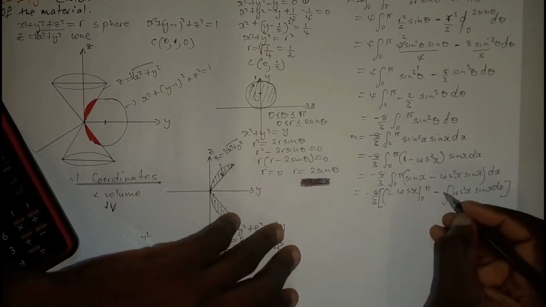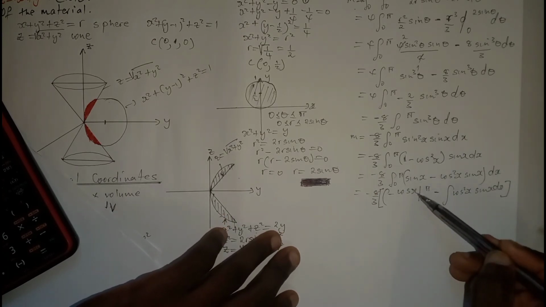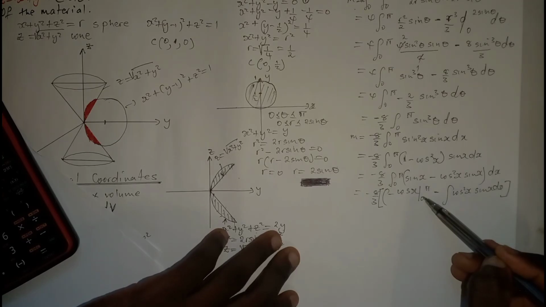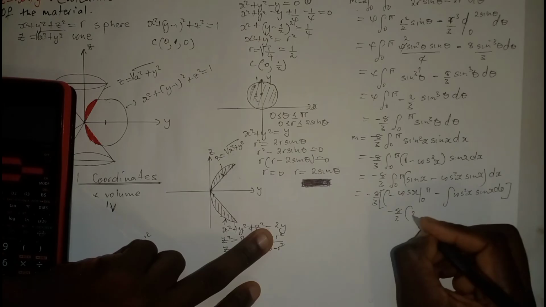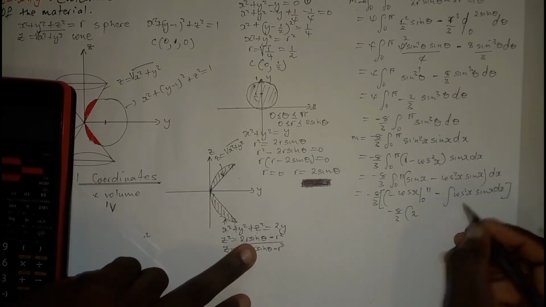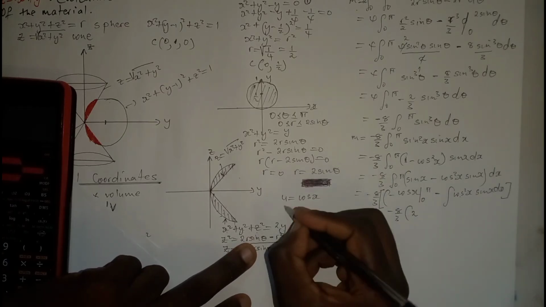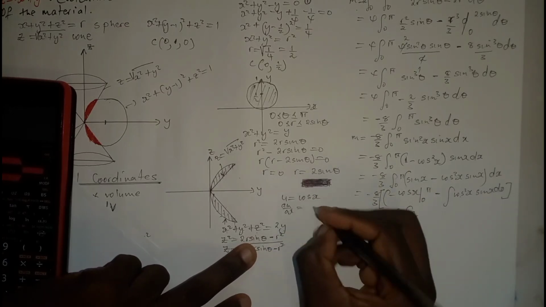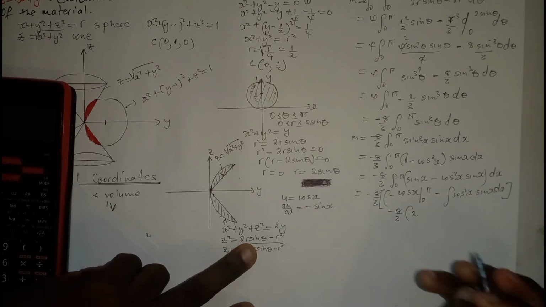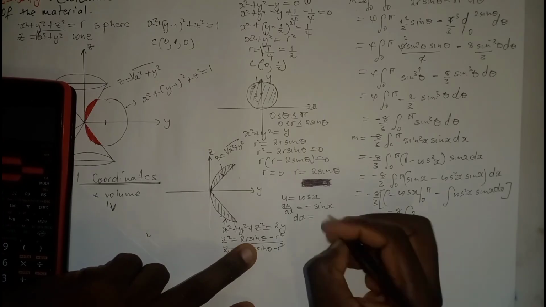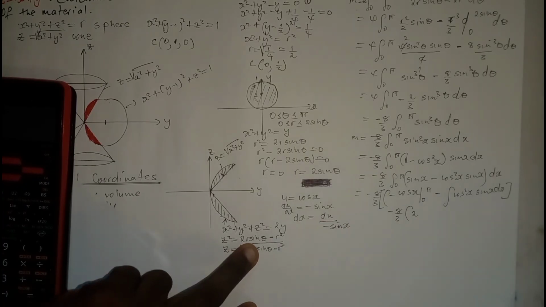Okay, so I'm going to use u substitution here, because if you say cos pi, we're going to get negative 1, and cos 0 is going to give you positive 1. So 2 right here, so I'm going to have negative 8/3 times 2, and for this one I'm going to let my u be equal to cos x, meaning du dx will be equal to, we differentiate cos, it's going to be negative sine x, and my dx will be equal to du over negative sine x.